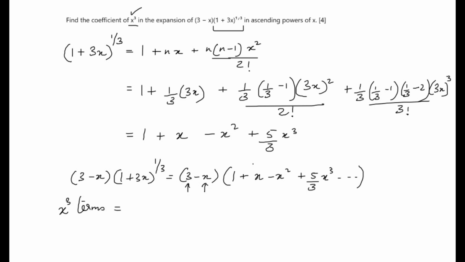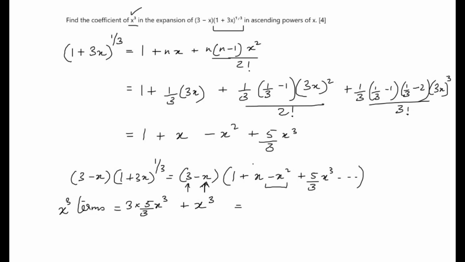If I take 3 and multiply it into 5 by 3 x cubed, I have an x cubed term. So 3 into 5 by 3 x cubed, and this minus x here, if I multiply it into minus x squared, I get an x cubed term. So minus and minus gives me plus, and that's x cubed. No other combination that's multiplied will give me x cubed.